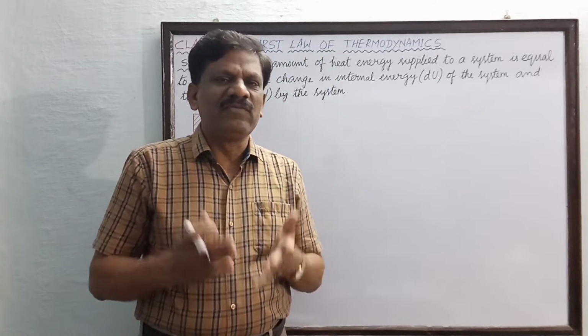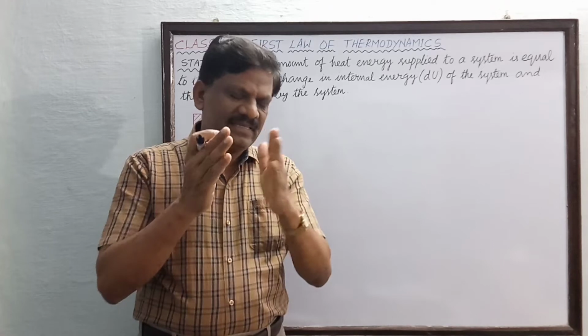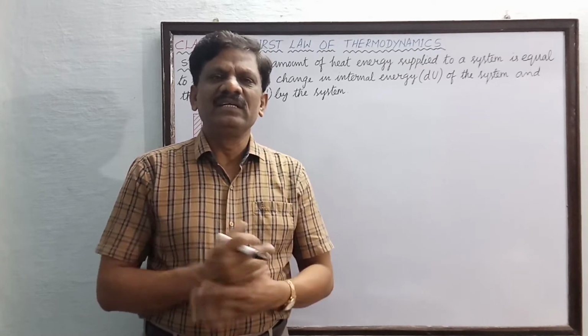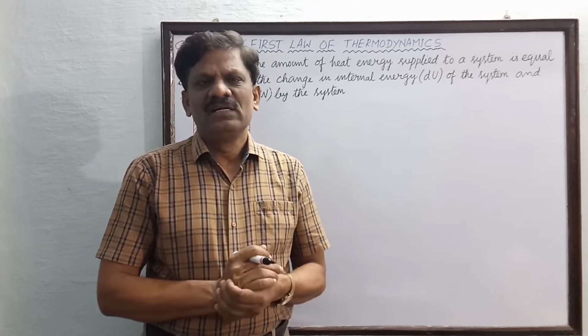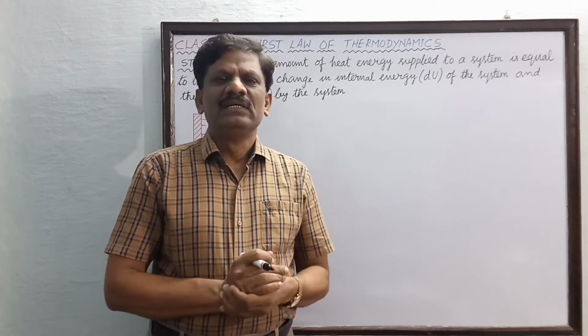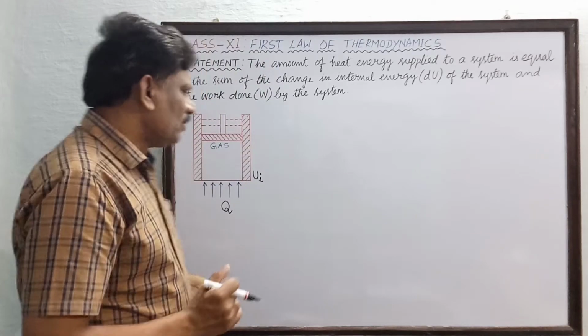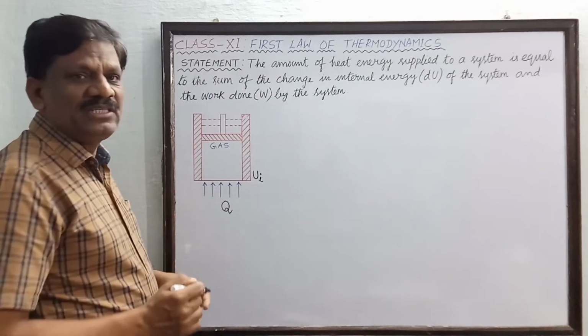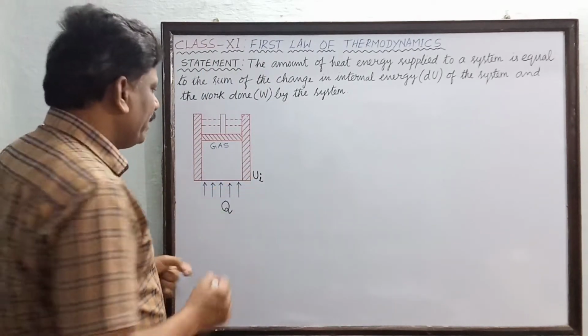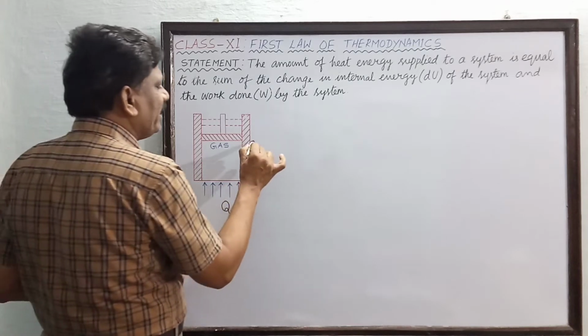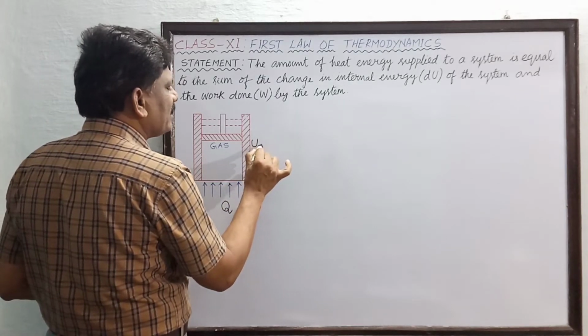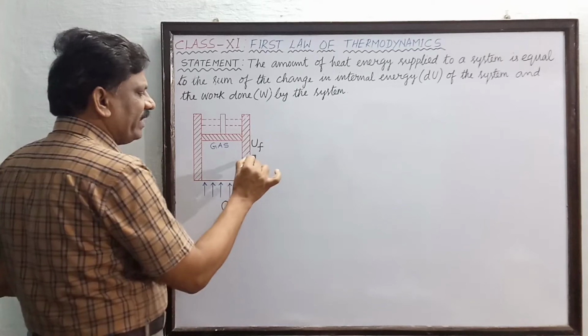So when heat flows into the system, the temperature of the gas will increase. As a result, what will happen? Its internal energy will increase. Initially its internal energy is U_I. Now after supplying this heat, let us take its internal energy as increased to U final.